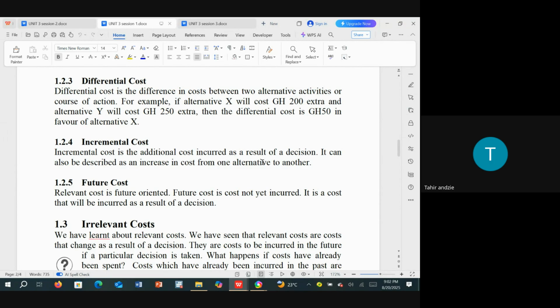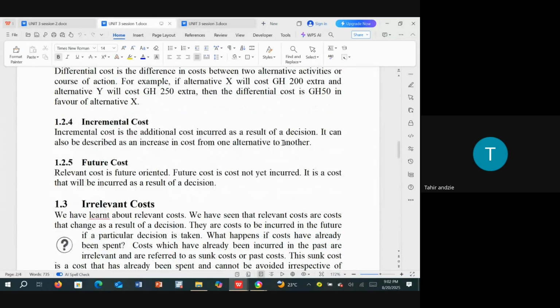Then the difference in cost, or the incremental cost, will be the 20,000. It is the additional cost that will be incurred as a result of a management decision, and can be described as an increase in cost from one alternative to another.